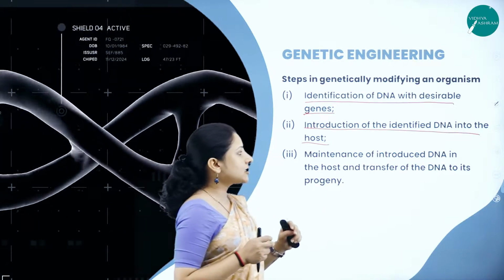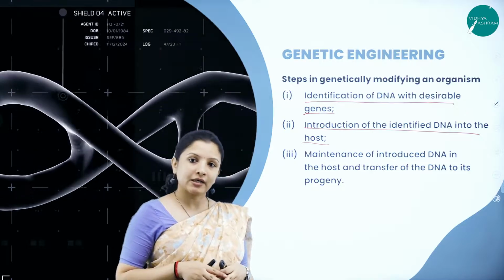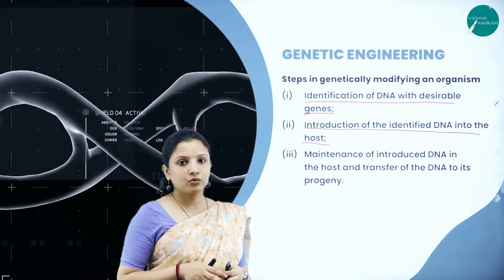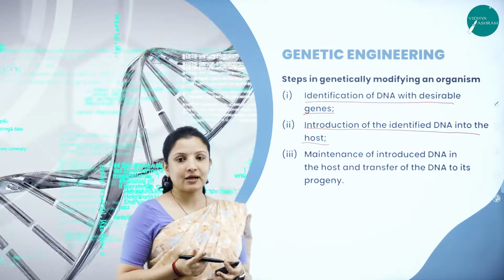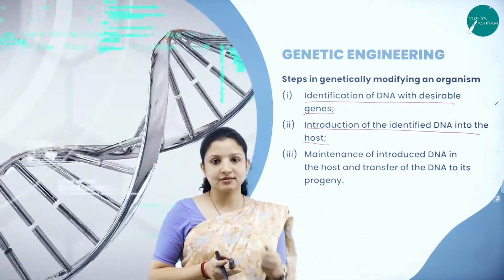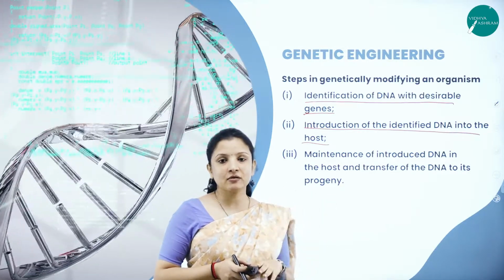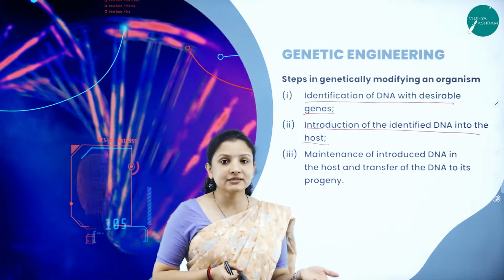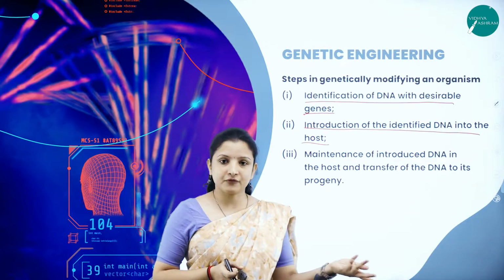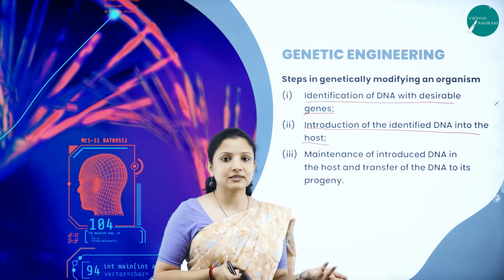And next, maintenance of introduced DNA. After you finish your work, can you leave it like that? No, right? Say, for example, you take an oath to plant trees. Will you plant a sapling and just leave it without watering and all that? It's a waste. Of course, you have planted, but have you maintained it? It will not give you fruitful results later on, right?